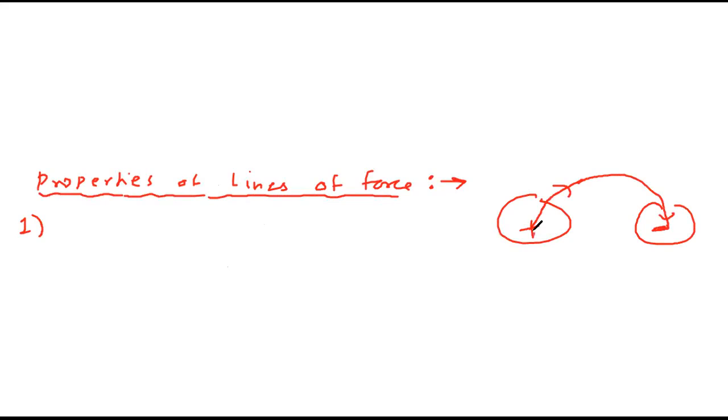The line of force was the path traced by a unit positive charge. From current, I know the direction of current is from positive to negative. So a positive charge moving is indirectly current. So an assumption was made that lines of force originate from positive and terminate in negative. They will not return, they will terminate. So it is not a closed curve, it is always an open curve.